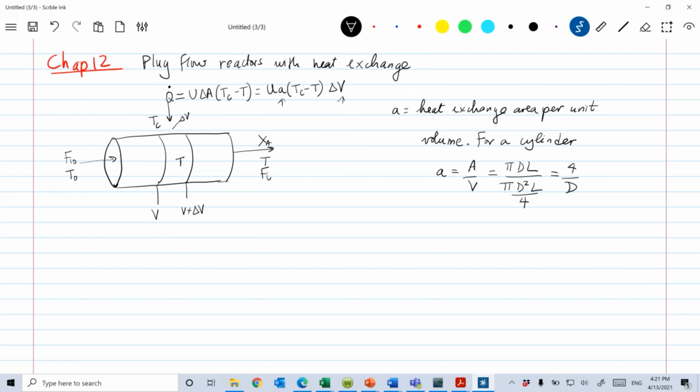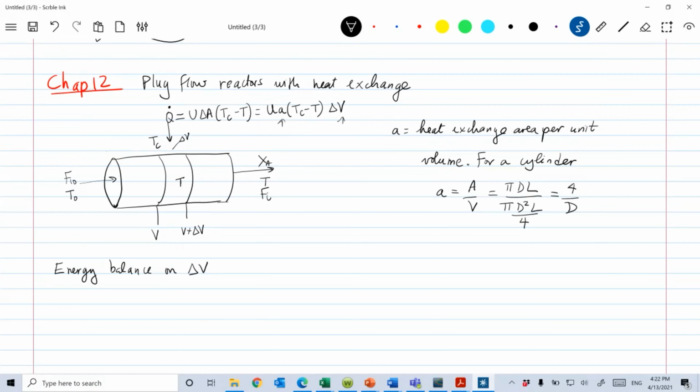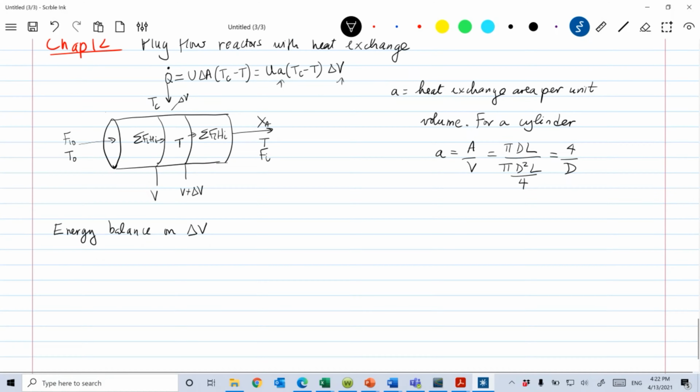Okay, so if we do an energy balance on that delta V, that reminds you of the mole balance we did for a PFR. It's very similar. So here you have some enthalpy flow going in and enthalpy flow going out, in that little slab of volume.